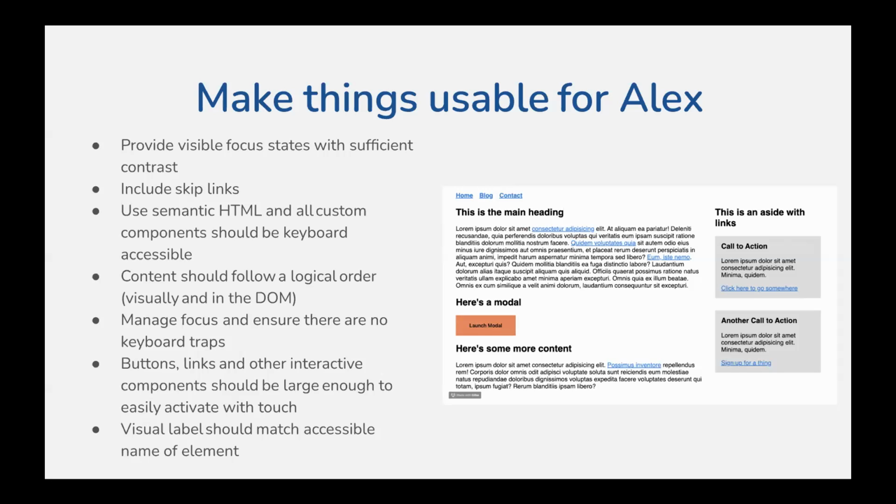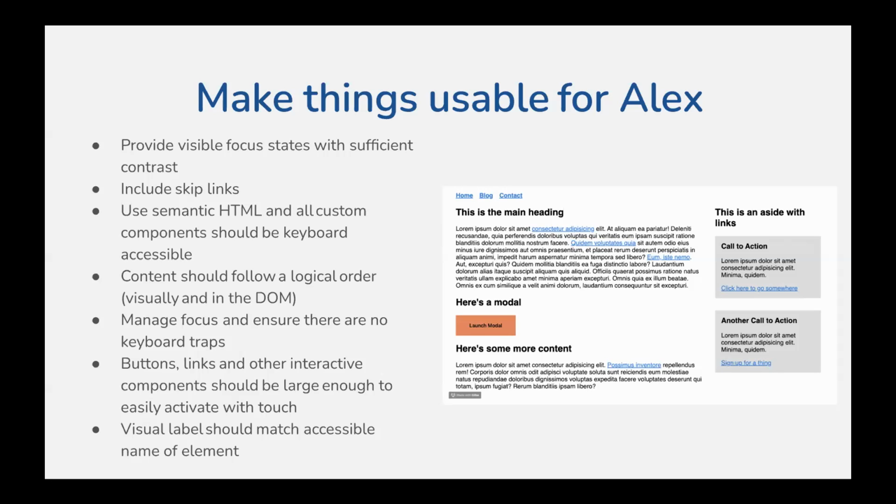Also use semantic HTML, and any custom component should be keyboard accessible. When you use things like a main tag, a header tag, a footer, an aside, people who are using keyboard and screen reader, especially with screen reader, can easily jump directly to those sections.